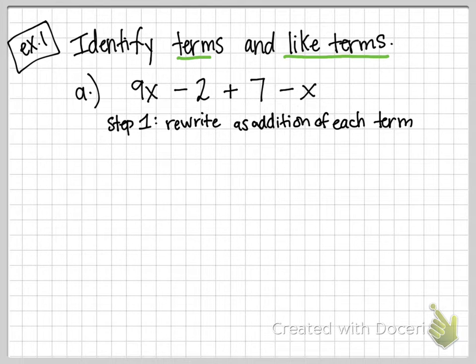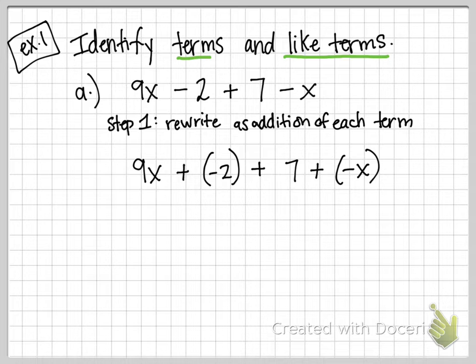Okay, now we're going to change this so that we can clearly see the sign that goes with each term by rewriting these as addition. Do we say plus, negative, 2? Correct. So here's how it's going to look. Notice how we put in a plus sign in between each term and kept the sign of the term.